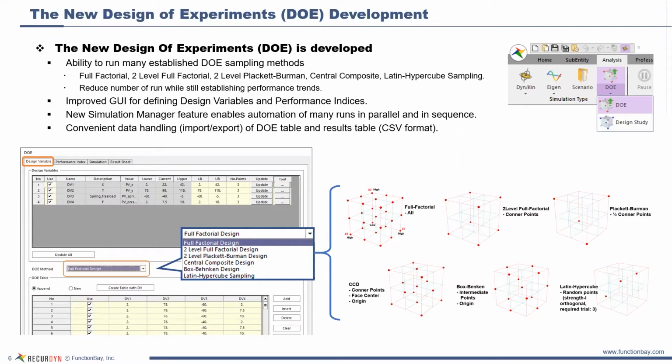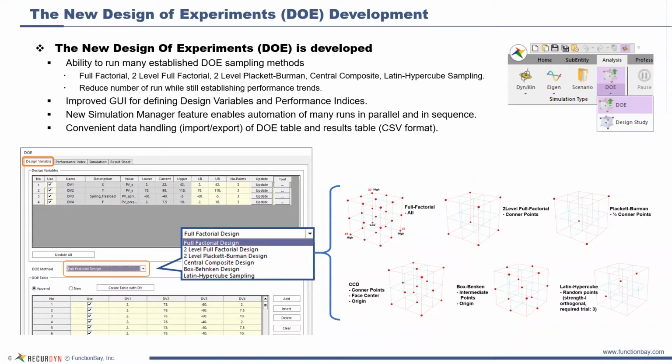Another nice enhancement is the new design experiment capability in RecurDyn. And so one of the main advantages here is that you can now choose to run some of these well-established DOE sampling methods.